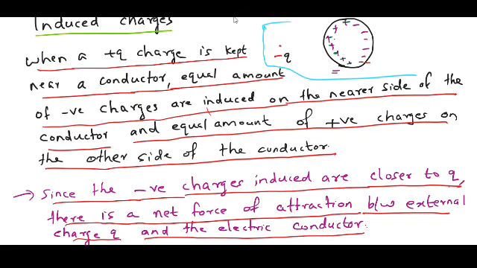Since the induced charges that are nearer to the external charge are positive, and the external charge is negative, because of these opposite polarities, these charges will be attracted, that is, this charge will be attracted towards the conductor, or there will be an attractive force between the external charge and the conductor.